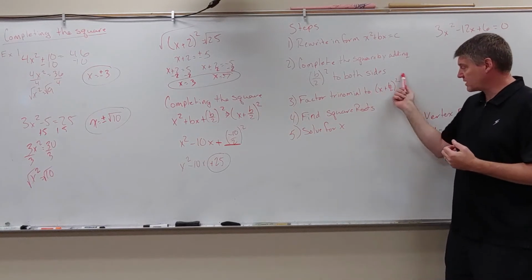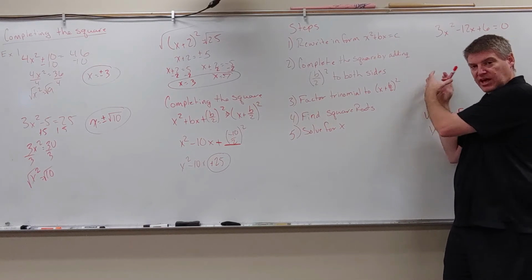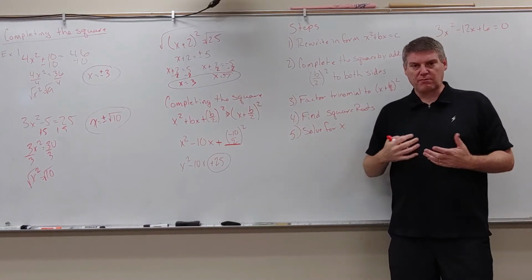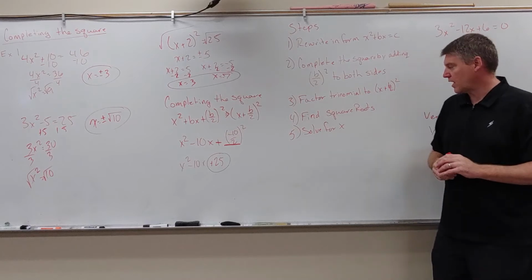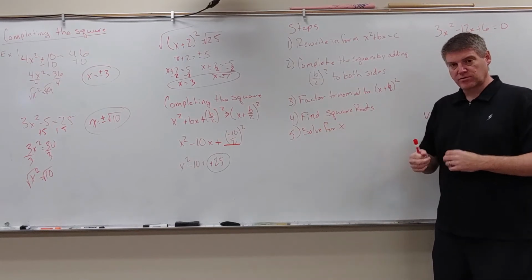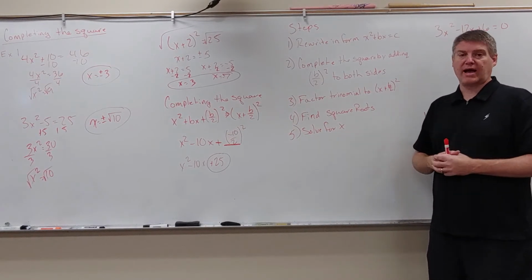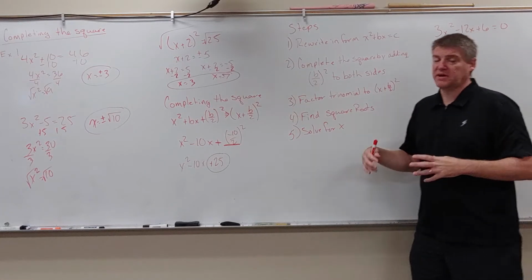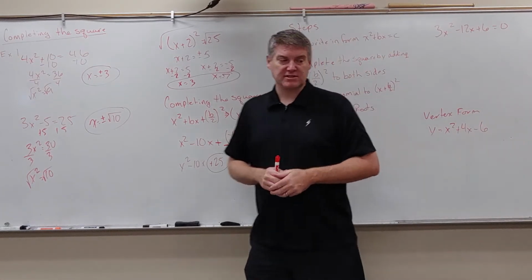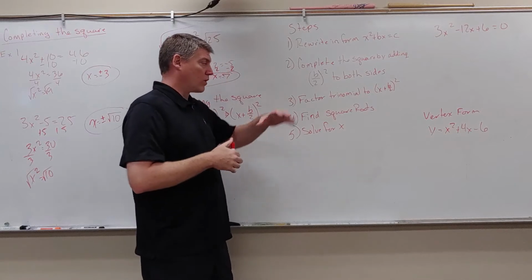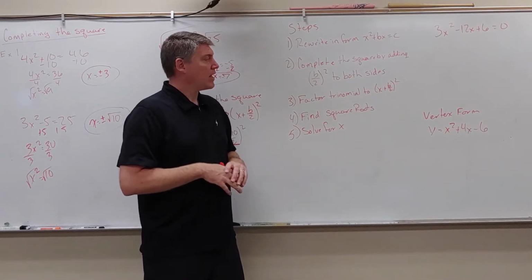On the other side, you're just going to have some constant value. Then you find the square roots and solve for x. Sounds simple enough. Sometimes this gets a little difficult, so we're going to walk through a process here.